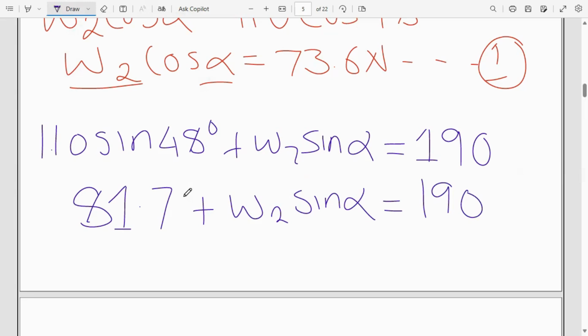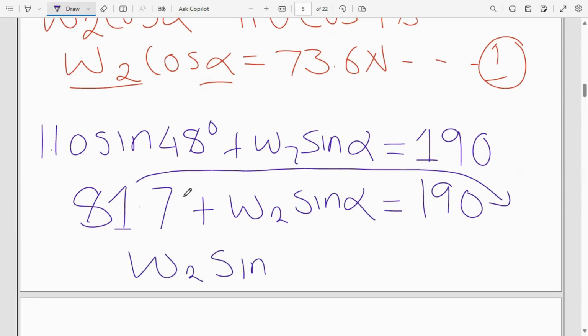So what are we going to do here? By transferring this constant to the other side of the equation, so that we remain with the W2 sine alpha, I'll remain with W2 sine alpha on the left hand side, and this will be equal to 190 minus 81.7.